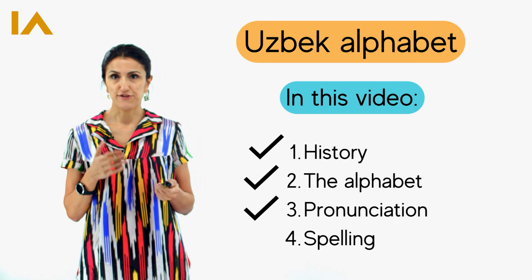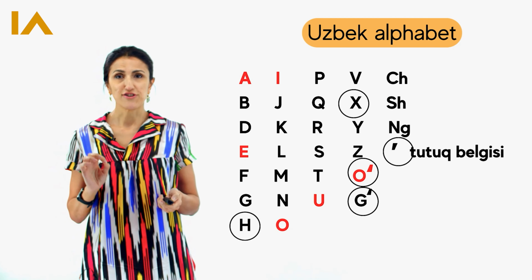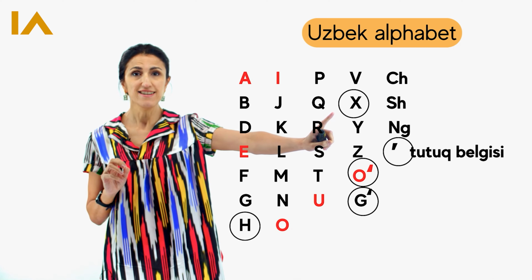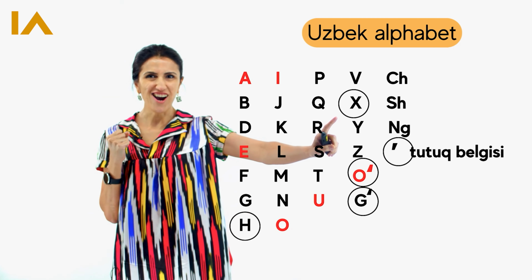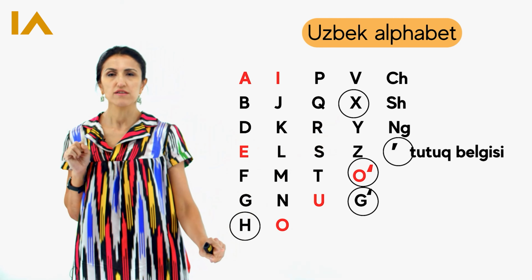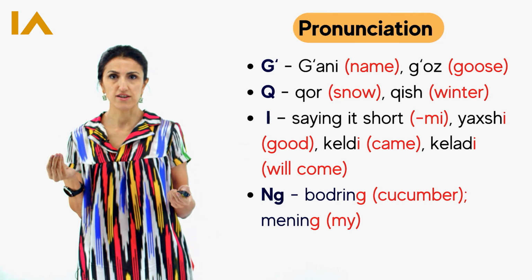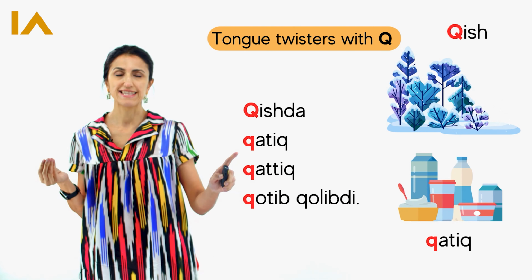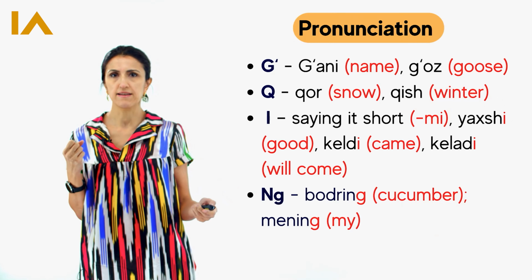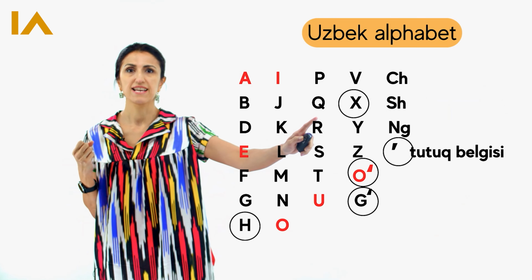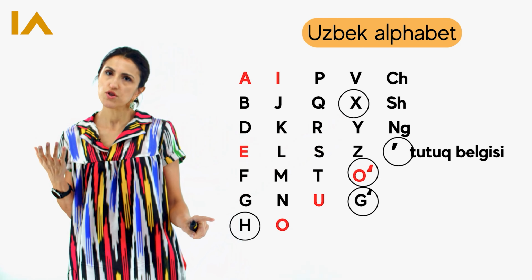Okay, you're ready? Başlayalım. Such tricky letters are h and he. This one we call hard he, and this one we call soft he. From our tongue twister, we already know the word kattık with double T. So this one we say as kattık he, and this is yumşak he.